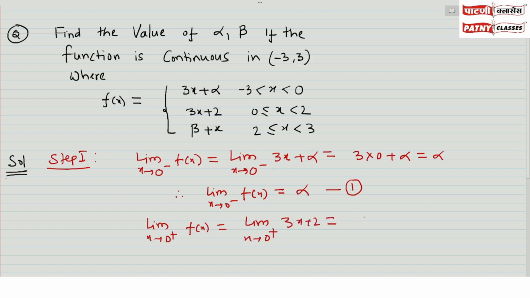Applying limits, 3 into 0 plus 2 equals 2. Therefore limit x tending to 0 plus f of x equals 2. Call it equation number 2.